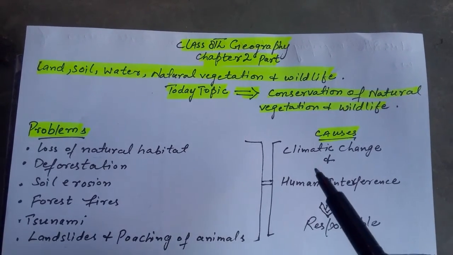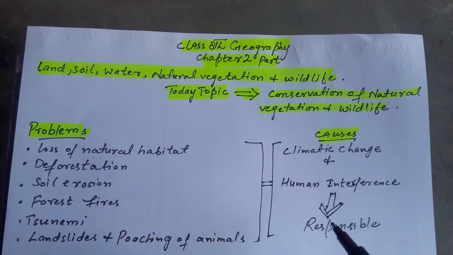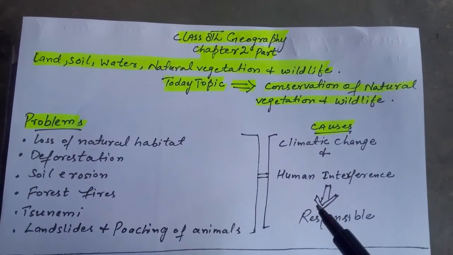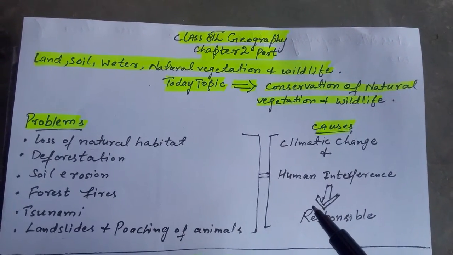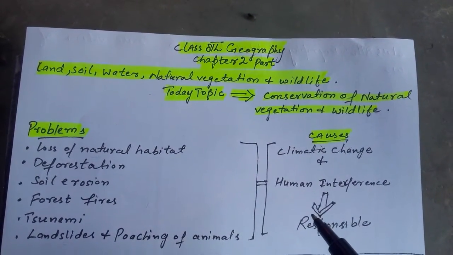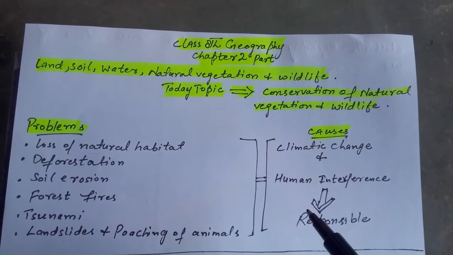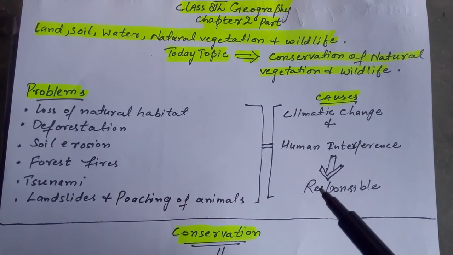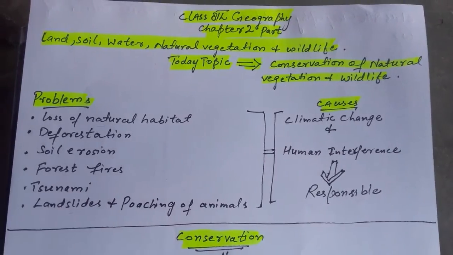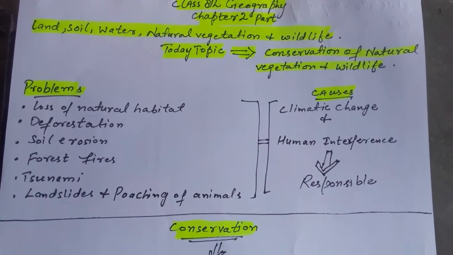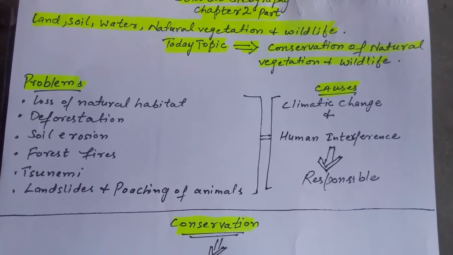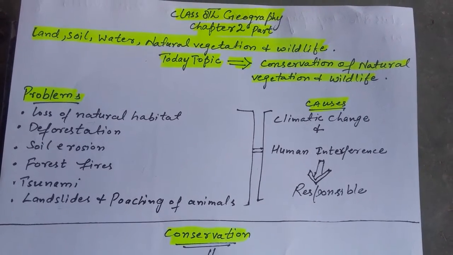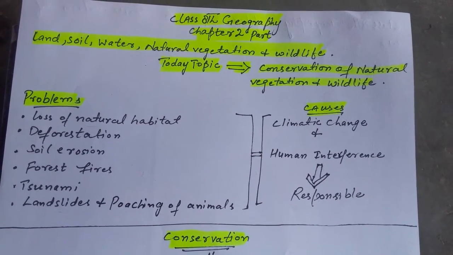So climatic change and human interference are responsible for the decline or extinction of vegetation and wildlife. Hence we may say that climatic conditions and human interference are responsible for the problems and the decline of vegetation and wildlife.